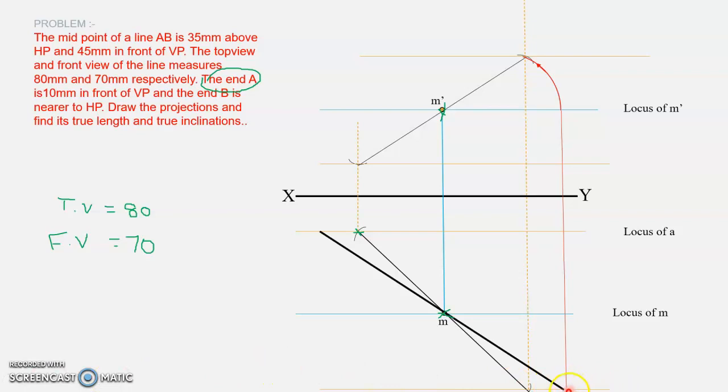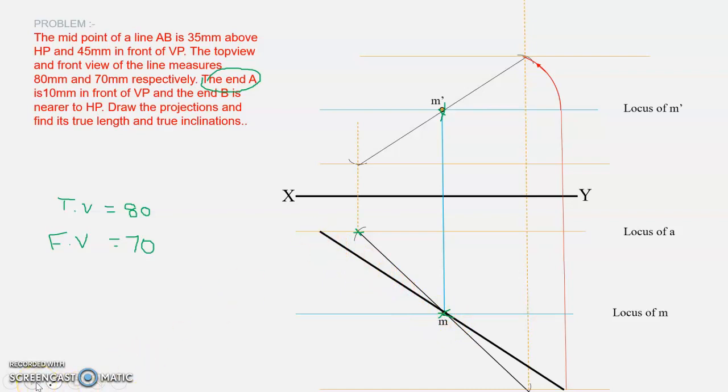Now you have got a point here and you already have the midpoint. Whatever the true length, front view or top view should pass through the midpoint. So from this intersection through the midpoint, draw a line up to the locus of A.